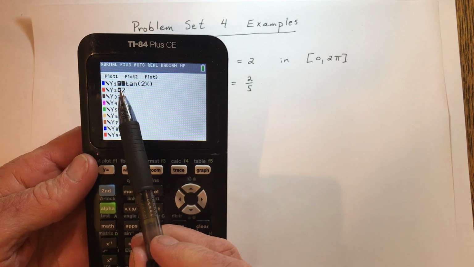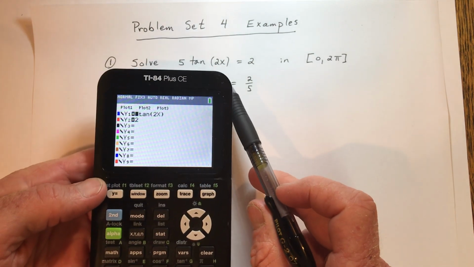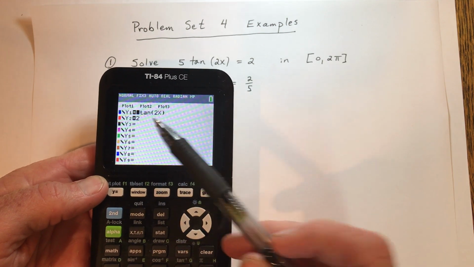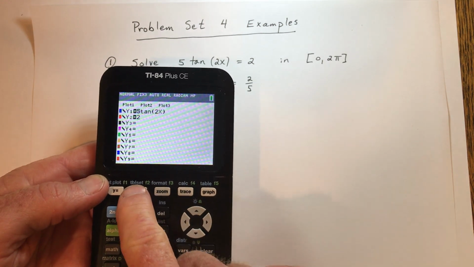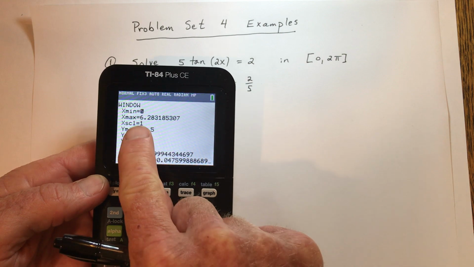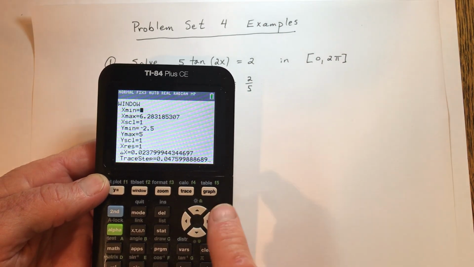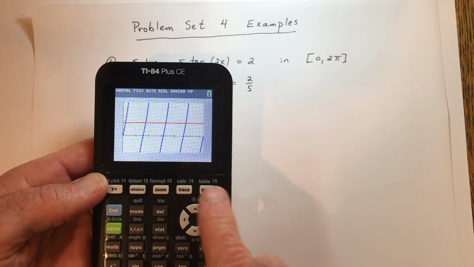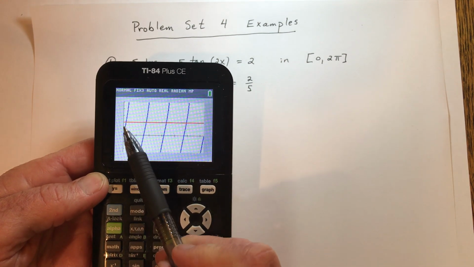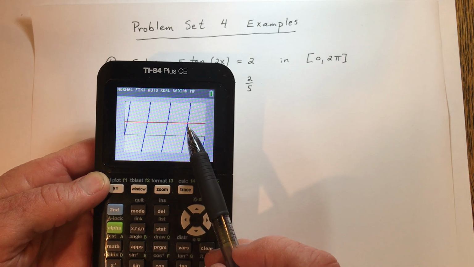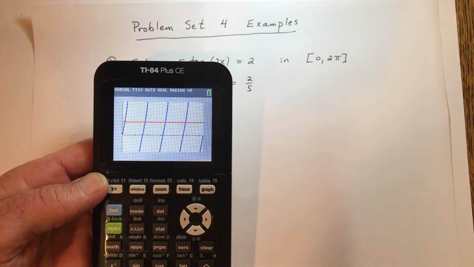So I've got one side of the equation is the 5 tangent of 2x, and the other side is 2. And then set up the window to go from 0 to 2 pi so that it covers this. And then take a look at the graph. And where do these two intersect? There's 1, 2, 3, 4. So we're looking for 4 answers.